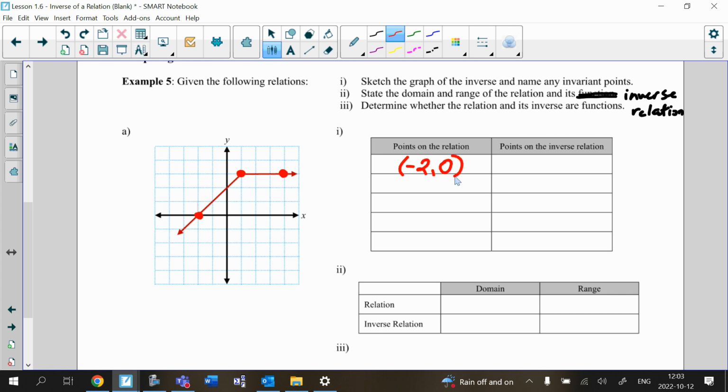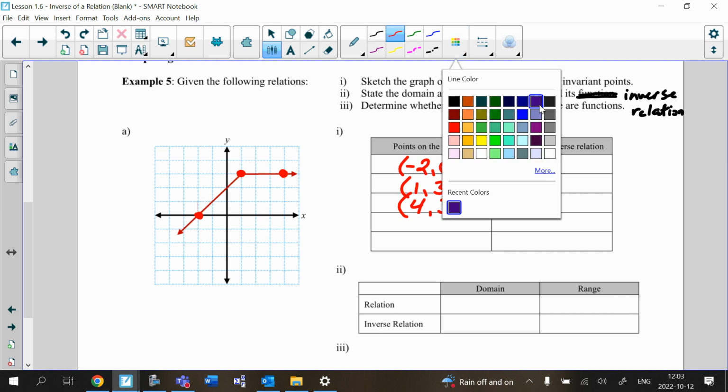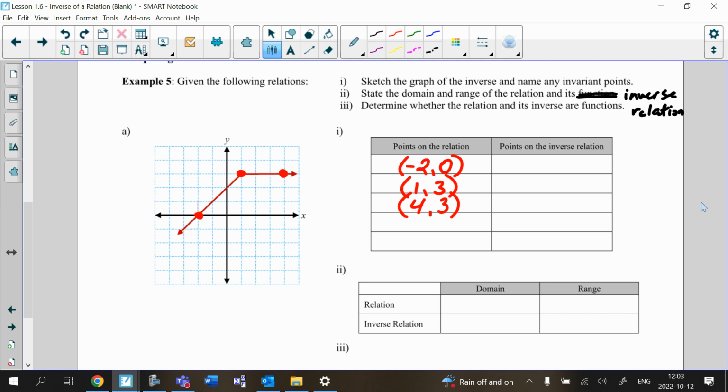Like I said before, connect as you go. Don't just plot all the points, because I've seen it often that students will just plot these three, 0, -2, 3, 1, and 3, 4, and then they'll be like, oh, but how does it go? Does it go like that? And then they'll end up getting the incorrect graph.